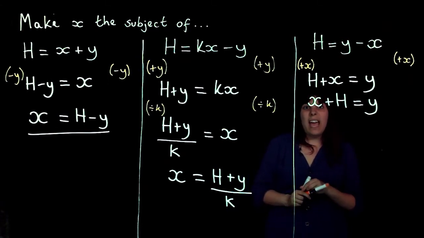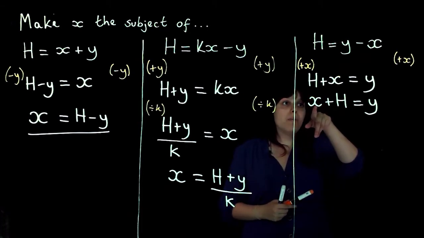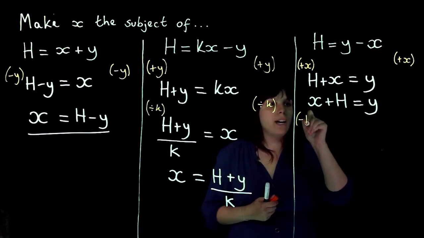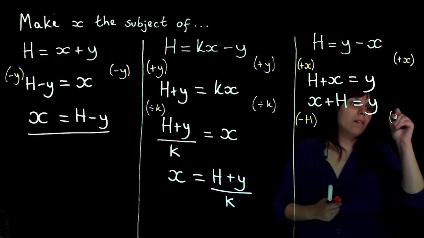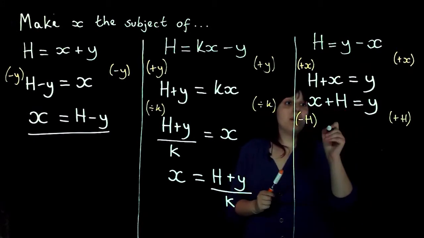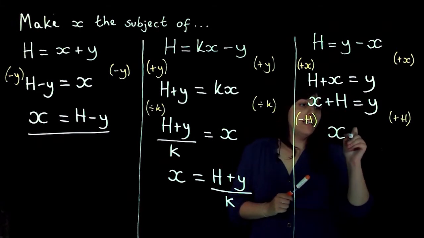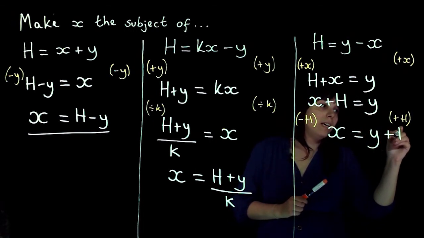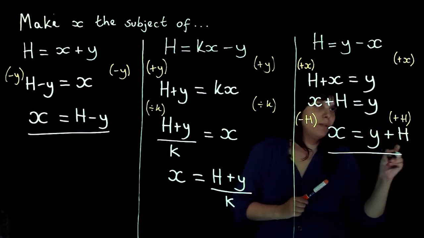And I want to get x on its own. So all I'm going to do is get rid of this plus h. To get rid of it, we're going to subtract h. So if I take h away from both sides, I end up with x equals y plus h. And that's my solution.